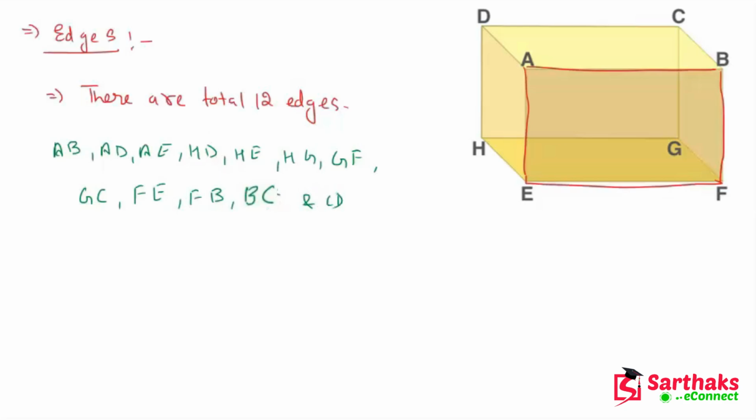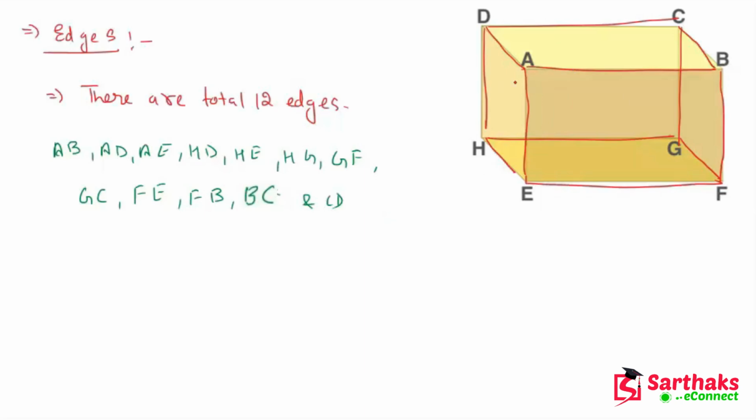Here you can see in the figure AB, BF, FE, and EA. And the others are BC, CG, GF, HG, DH, DC, DA, and HE. So these are the edges of this cuboid. I hope you understand these things, my dear friends.